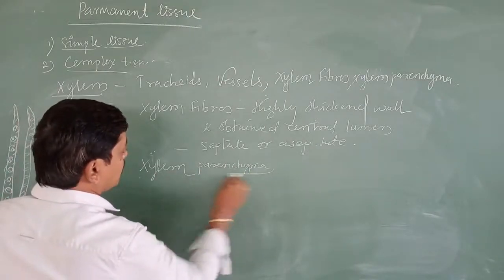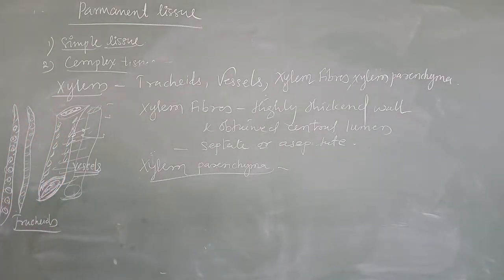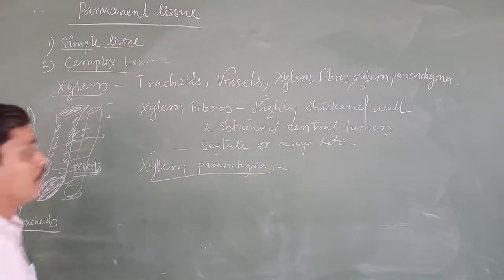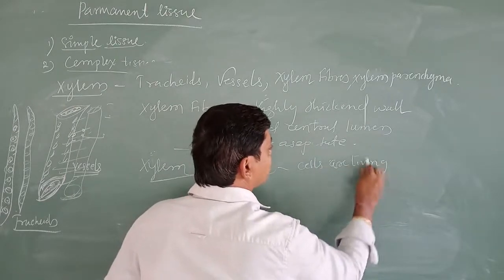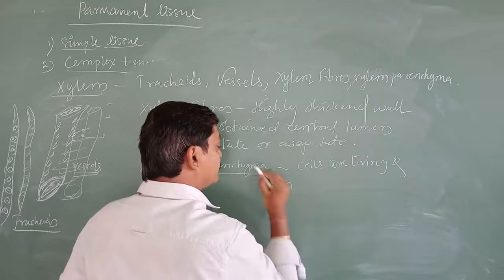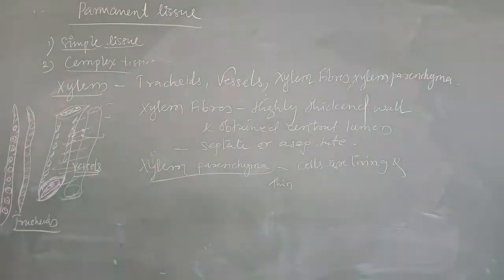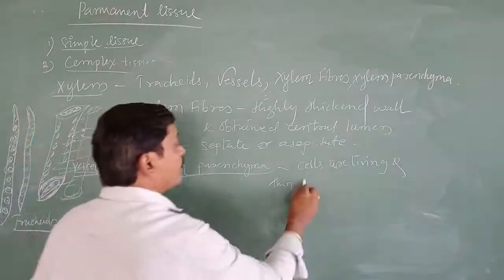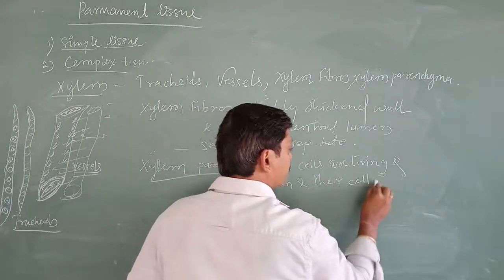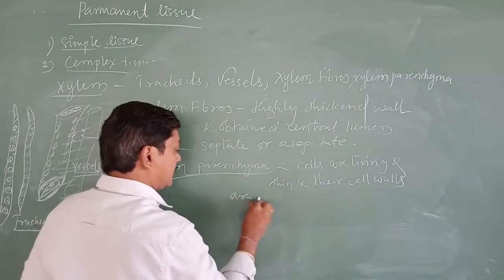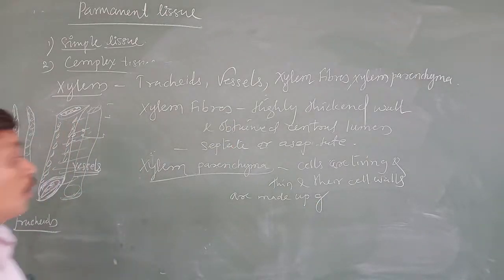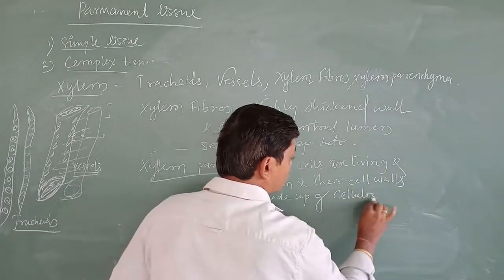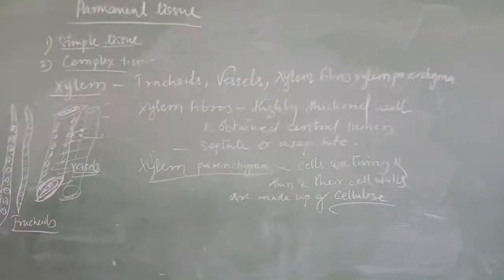Then, last, xylem parenchyma. In xylem parenchyma, the cells are living and thin, and their cell walls are made up of cellulose.